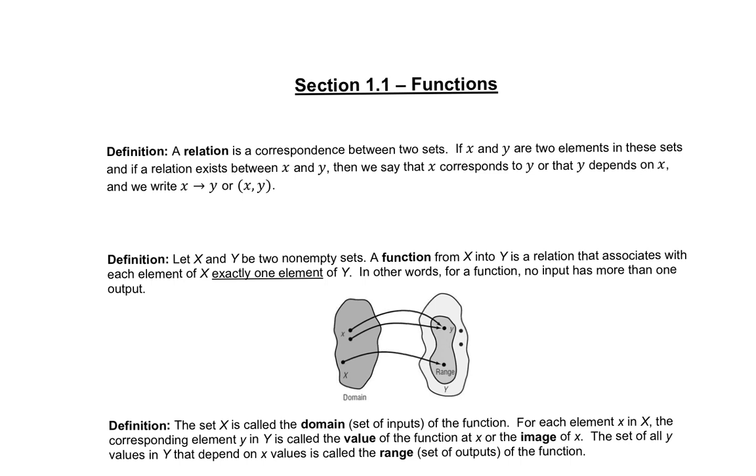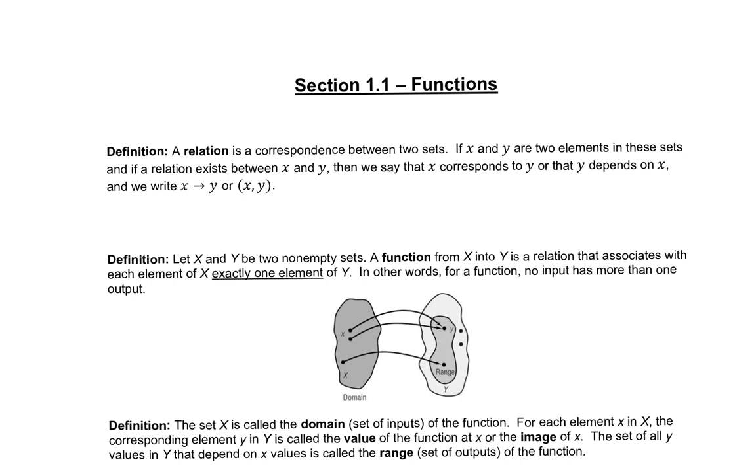A relation is a correspondence between two sets. If x and y are two elements in these sets, and if a relation exists between x and y, then we say x corresponds to y, or that y depends on x.